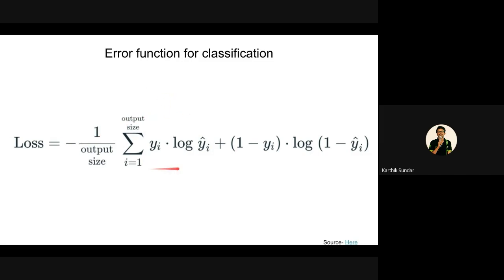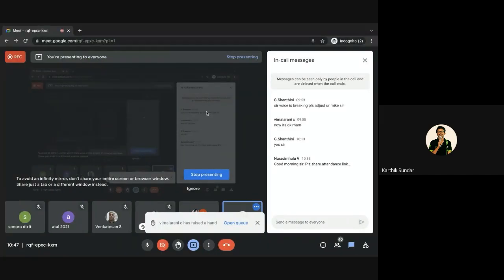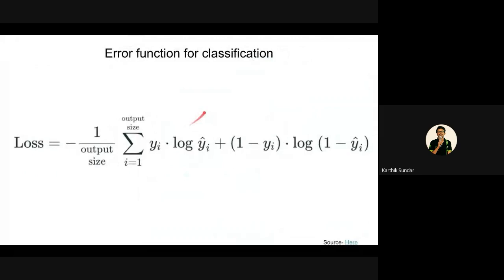So this particular logic is designed in such a way that whenever you are predicting almost correctly, it gives less loss, and whenever you are classifying it the other way around, it gives a higher loss. Let's say y equals 0. When y equals 0, this particular term goes to 0 and only this term remains. Now when you are predicting something close to 0, 1 minus 0 is again close to 1.